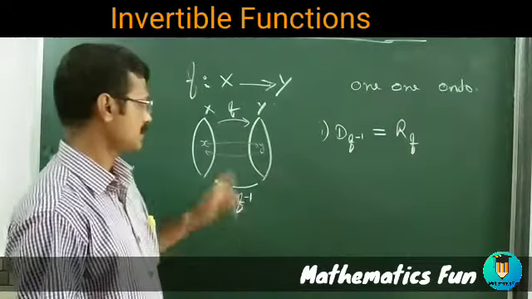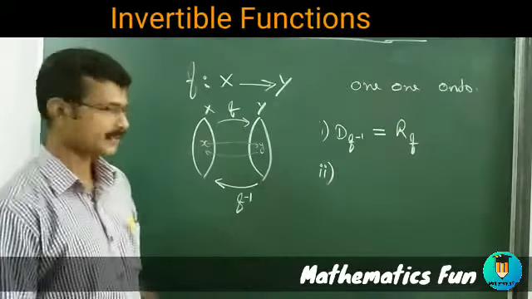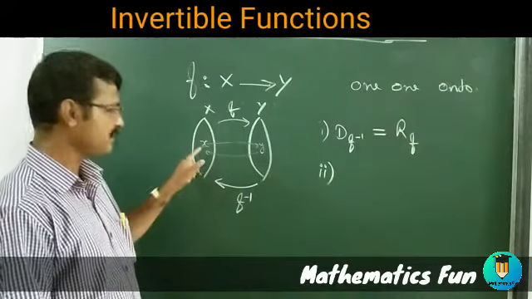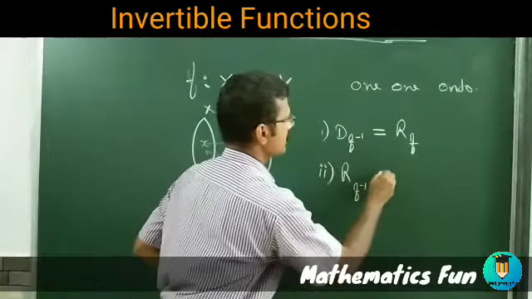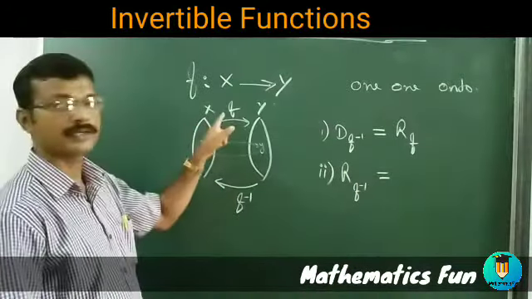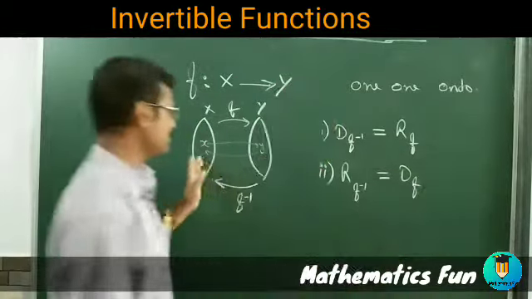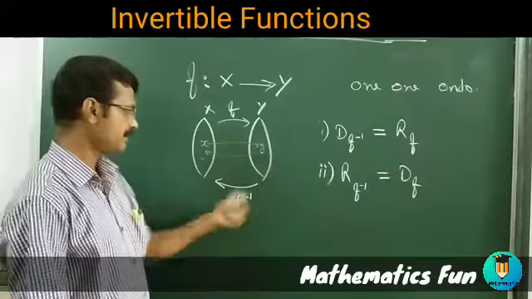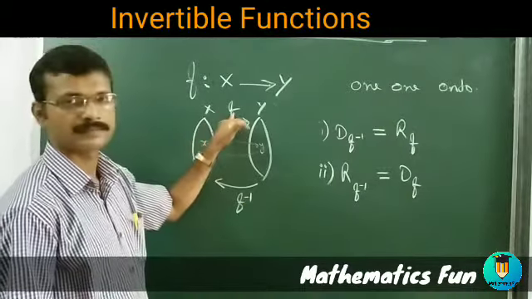Another thing, if you observe, the range of f inverse is equal to the domain of f. It's clear from the diagram: the range of f inverse, this side, will be the domain of f.